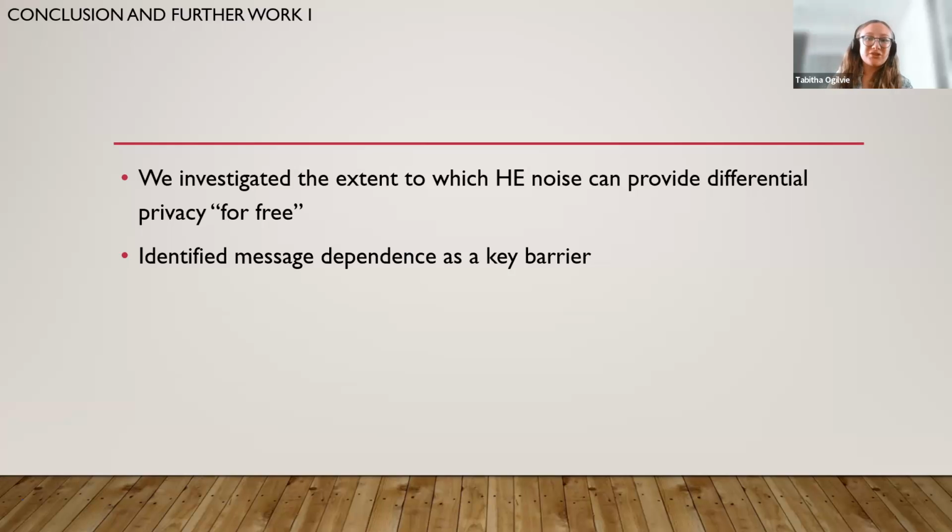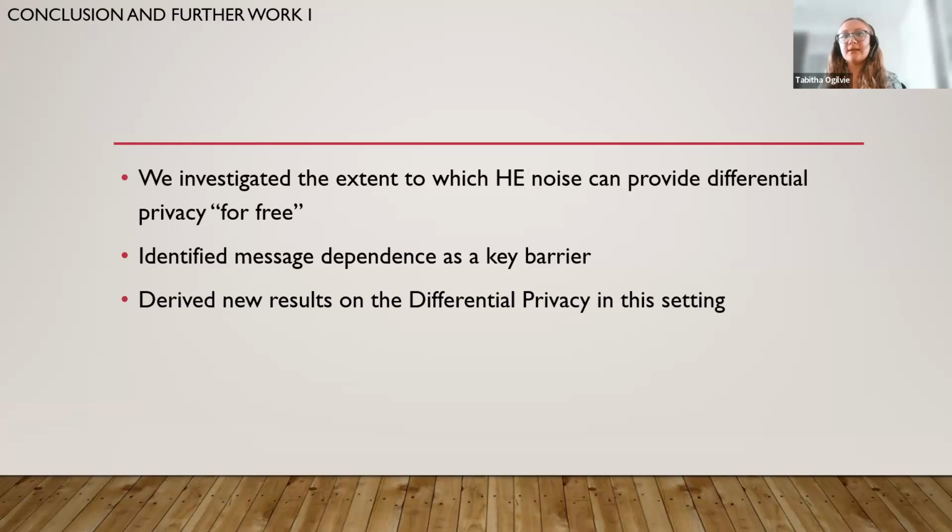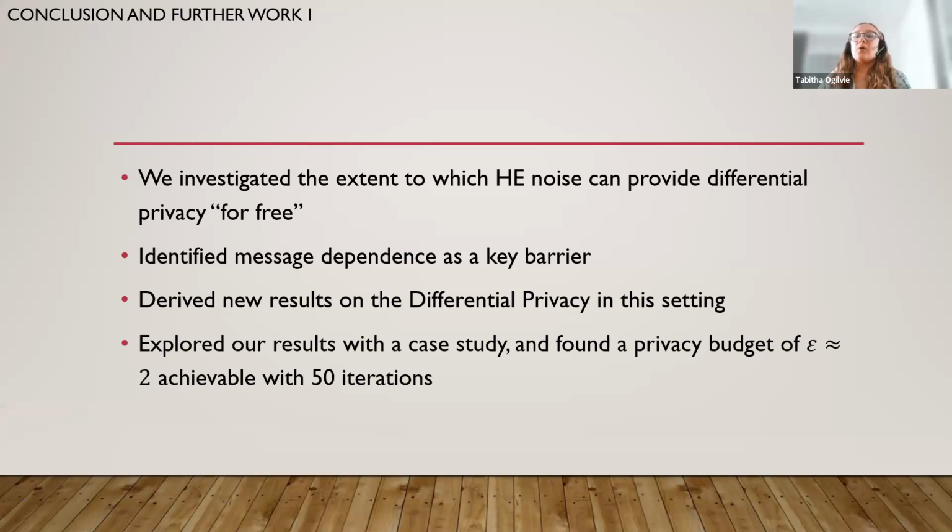We identified message dependence as a key barrier to achieving this. We derived new results on the differential privacy in this quite specific setting. We explored our results with a case study, and we found if your privacy budget is roughly 2, then you can achieve this within 50 iterations.